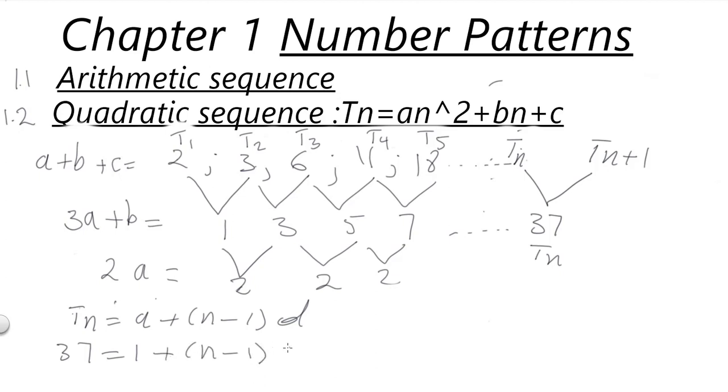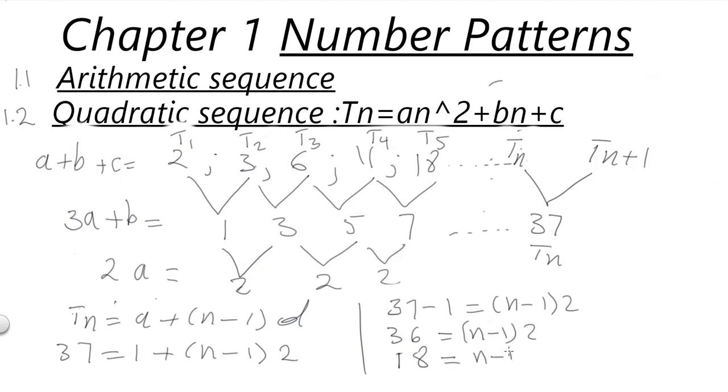Now, when you transpose, 37 minus 1 equals n minus 1 times 2. This gives you 36. When you divide both sides by 2, this gives you 18, and then we have n minus 1, so when you transpose, we find that n equals 19.